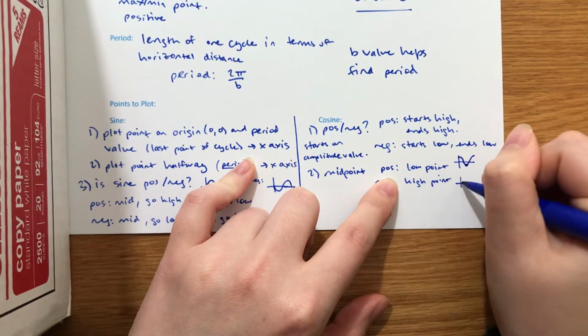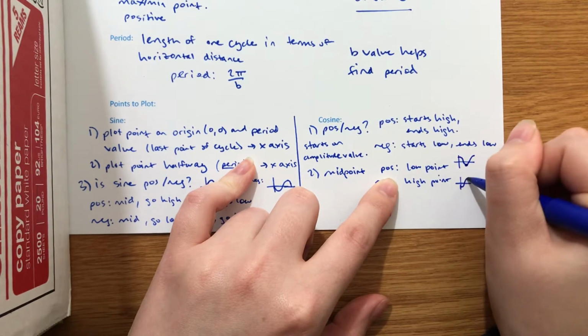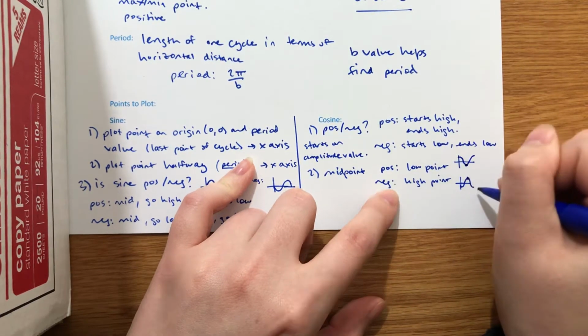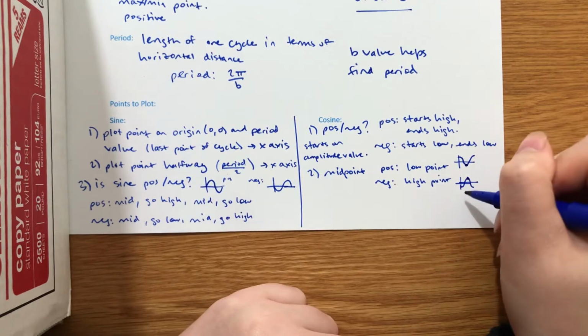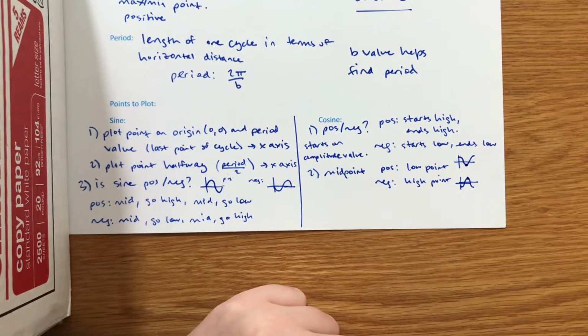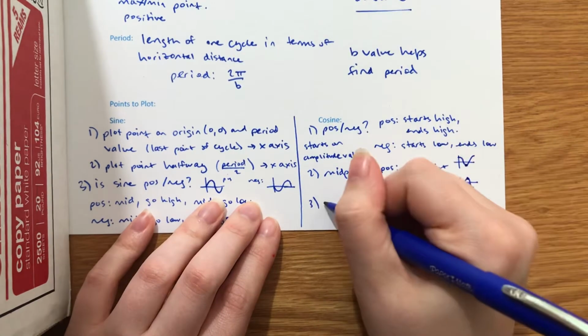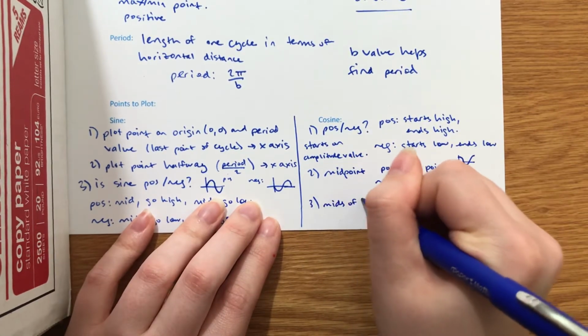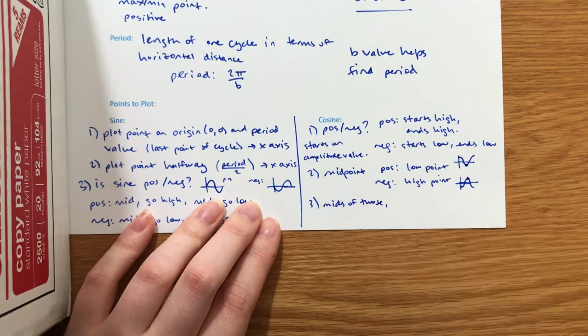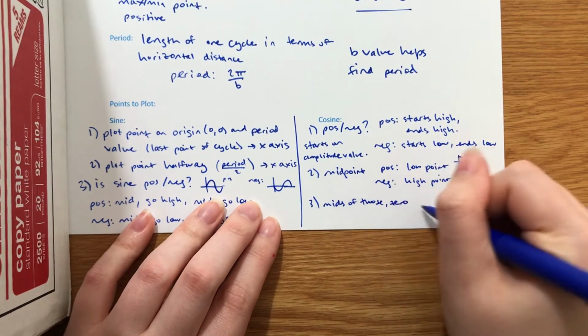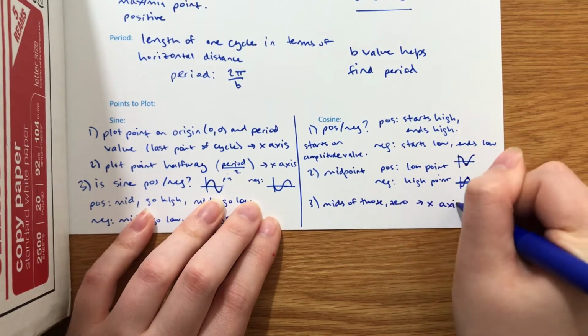And if it's negative, you're going to find the high point, this one. And it's all based on amplitude. And then the last step is the midpoints of those. They are 0. So they live on the x-axis.